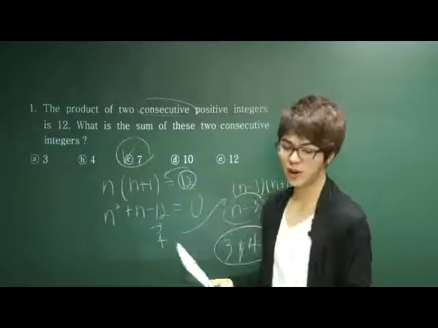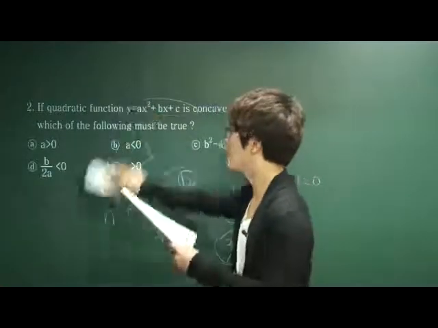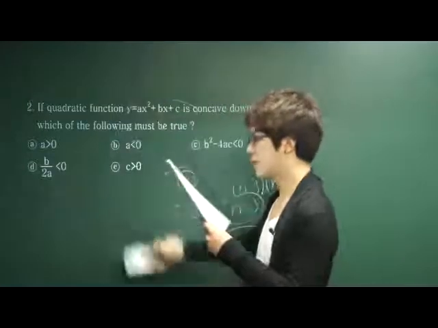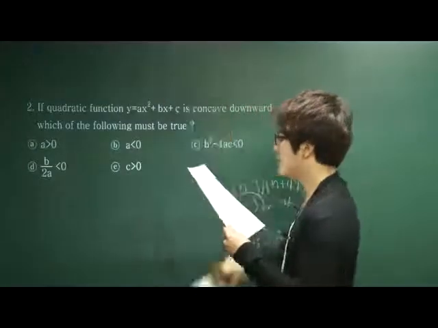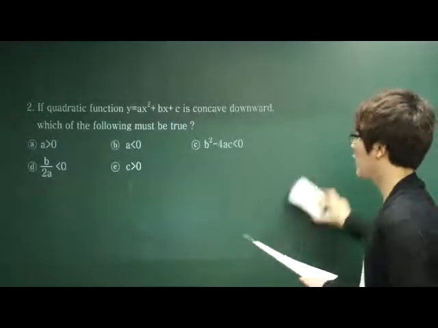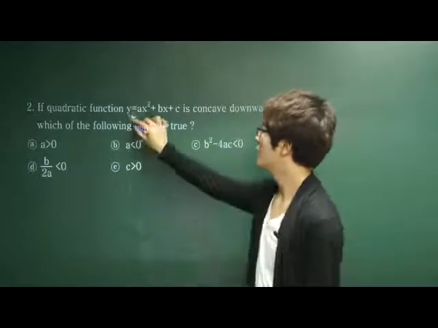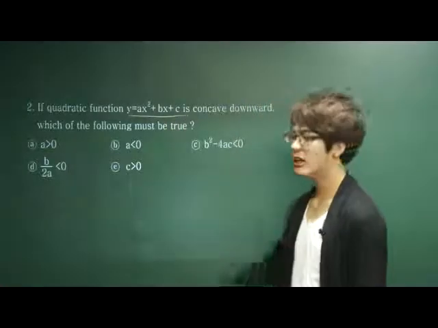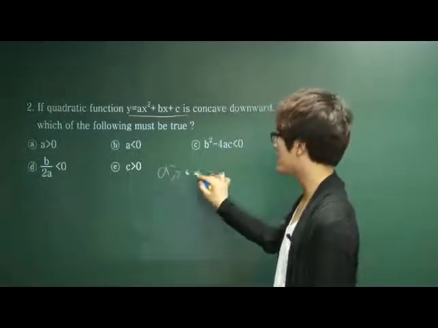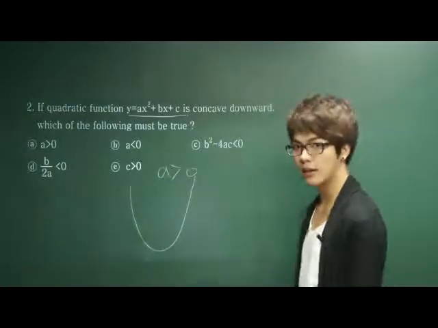Okay, let's move on to number 2. Number 2 is: if quadratic function y is equal to ax squared plus bx plus c is concave downward, which of the following must be true? Okay, this is the keyword, concave downward. In this quadratic function, if a is greater than 0, if a is positive, then the graph is concave upward, right?